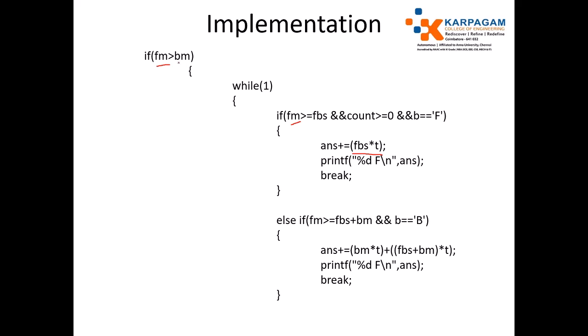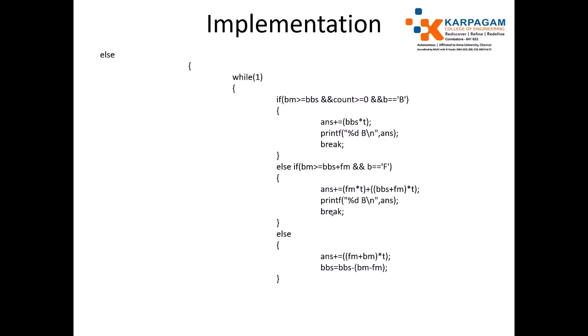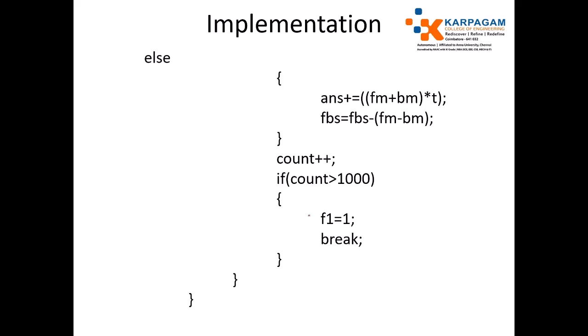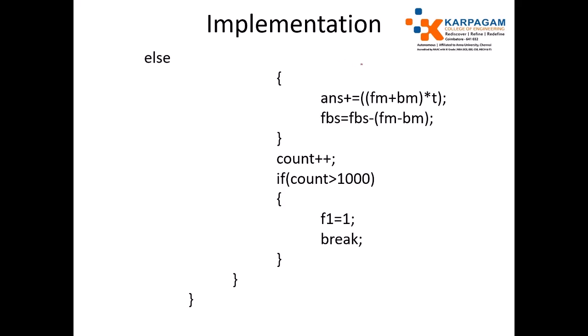In a similar way, if FM is less than BM, same logic only, but we need to multiply with the BPS. Okay, here if FM greater than or equal to FPS is not true, and FM greater than FPS plus BM is not true, it will come to the else part and multiply FM plus BM star T. So FM means magnitude of forward direction, BM means magnitude of backward direction.